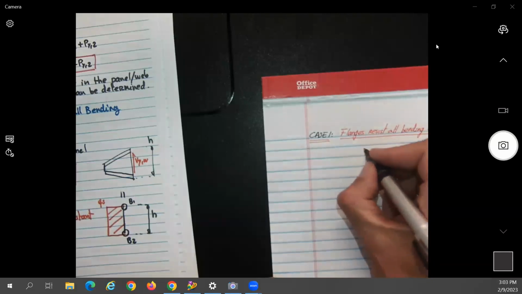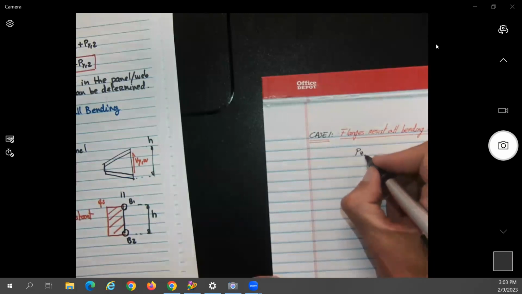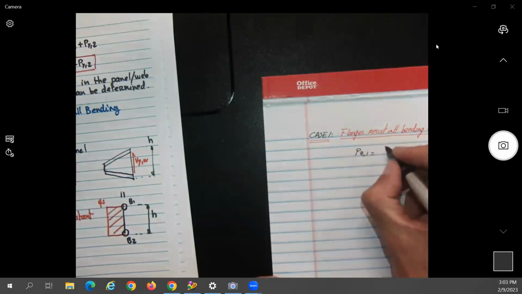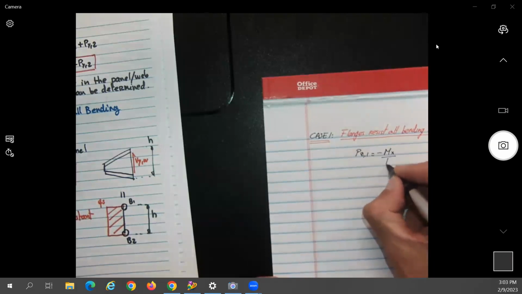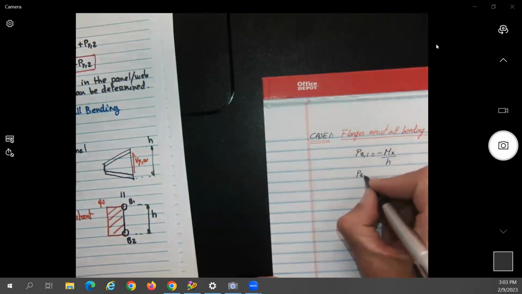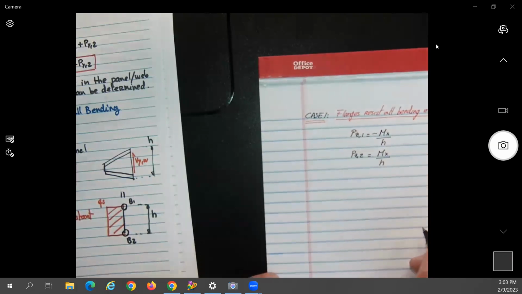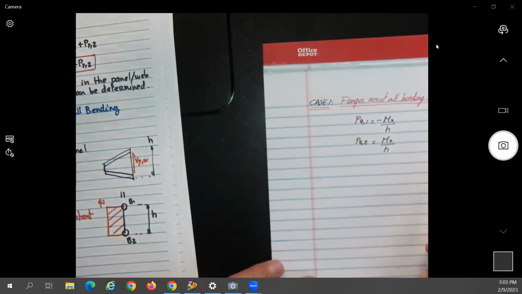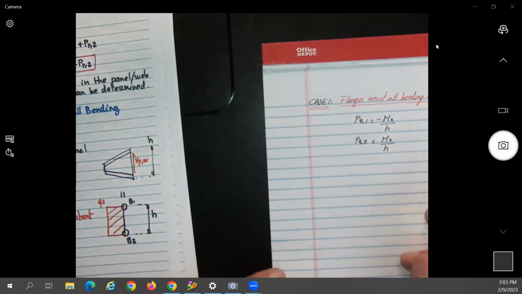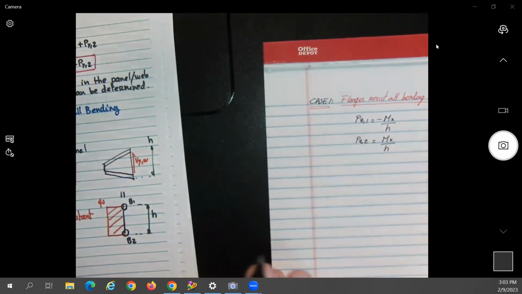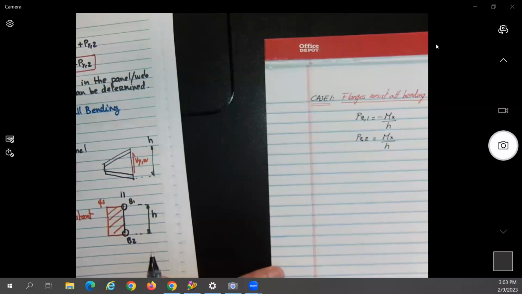So in that case, we're going to have P_Z1, I think we had equal to minus Mx over h, and P_Z2 will be equal to positive Mx over h. So really for this one, we don't need to know the shear force in the web. We can learn it right away, but I'll keep it for the end. So I will do one case at a time.